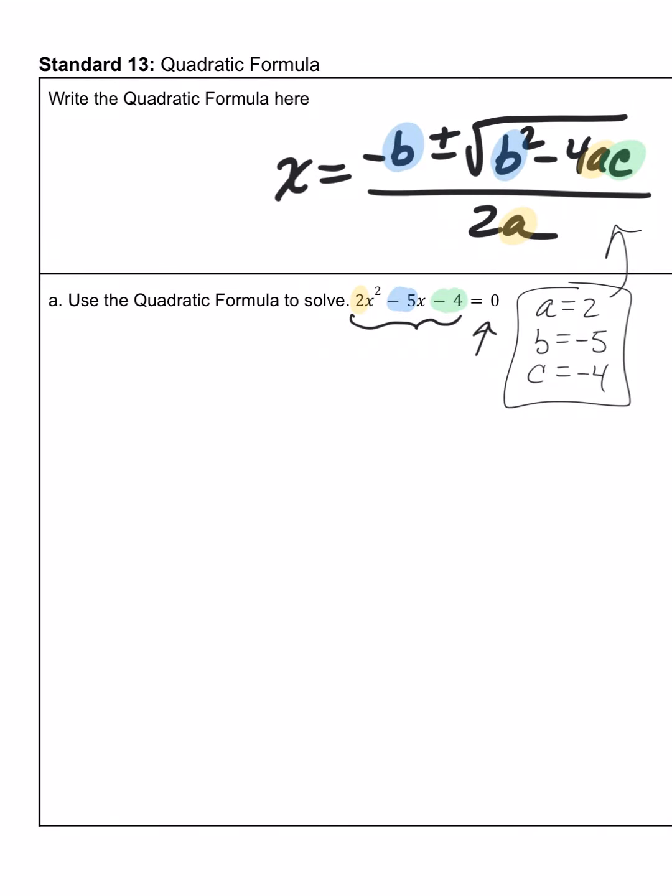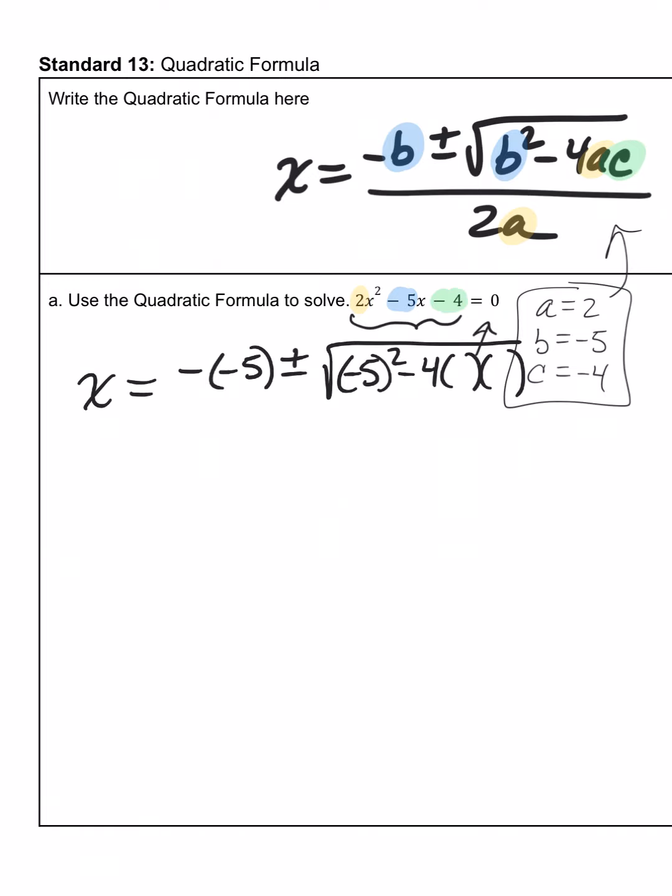So we're going to say x equals negative b. Negative b is 5, so I'm going to put negative -5. X equals negative b, b is -5, plus or minus the square root of b squared, -5 squared, minus 4 times a times c. Getting a little cramped over here, so I'm going to erase some parts of this.